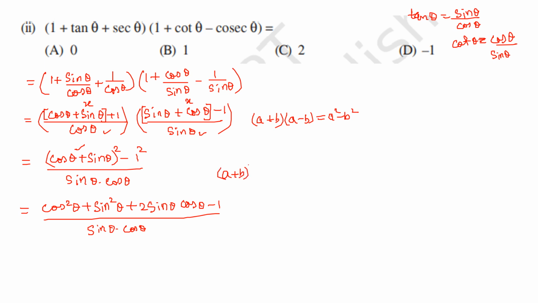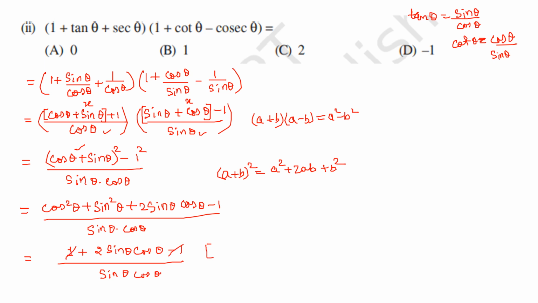You have used it multiple times in grade 9 also. It is a square plus 2ab plus b square. Still I am writing it for your reference. Now cos square theta plus sin square theta is 1. We know the identity, right? So it is 1 plus 2 sin theta cos theta minus 1 divided by sin theta cos theta. So 1 and minus 1 will be 0.